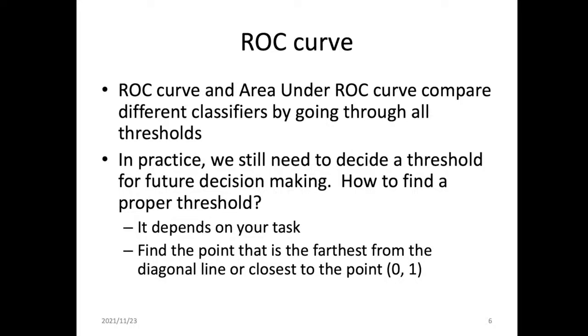Then how to decide this threshold? In this case, that really depends on your task. If you really care about precision, then you should set the threshold higher. If your target is recall, then you should set the threshold lower. So that really depends on your need.